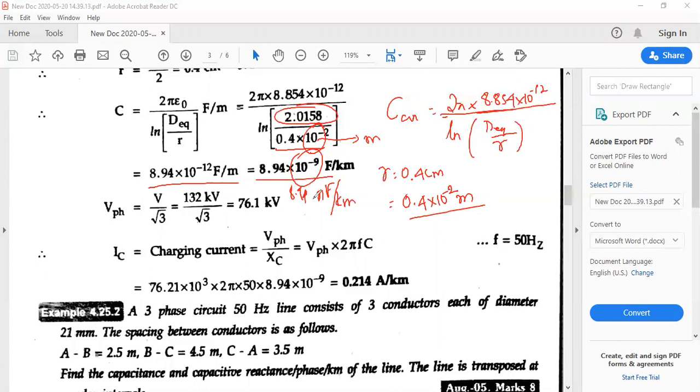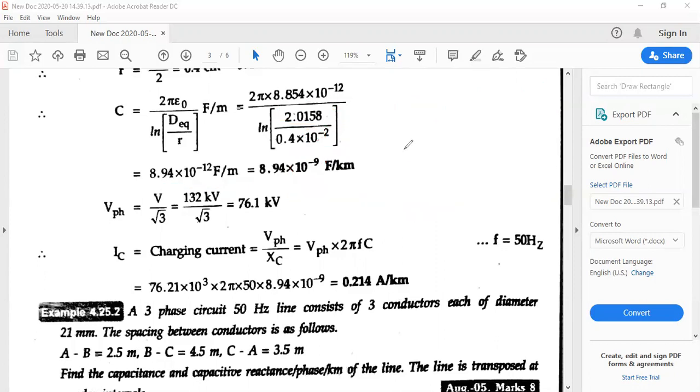Next, you have to find out the charging current. The charging current is given as VPH divided by XC. VPH is given by VL divided by root 3. Generally we take the line voltage and divide it by root 3, and you will get 76.21 kilovolt, with substitution of VL as 132 kilovolt.